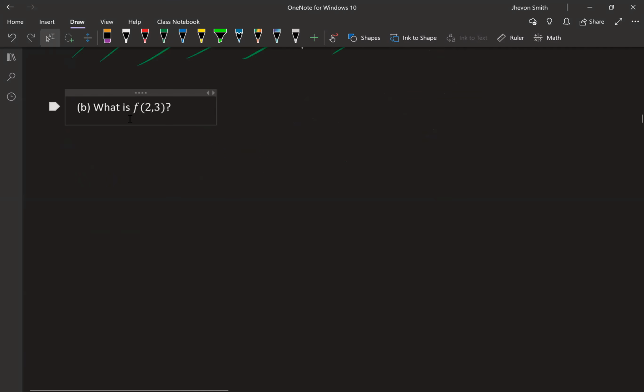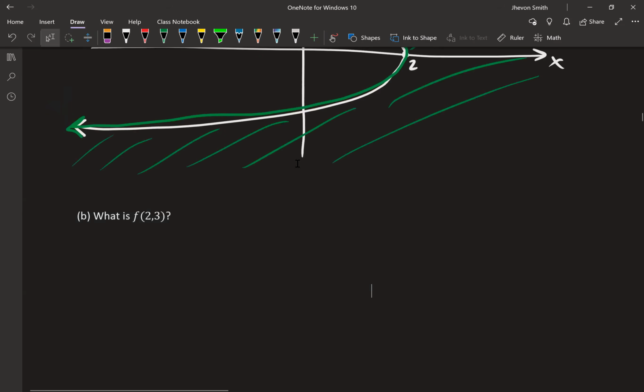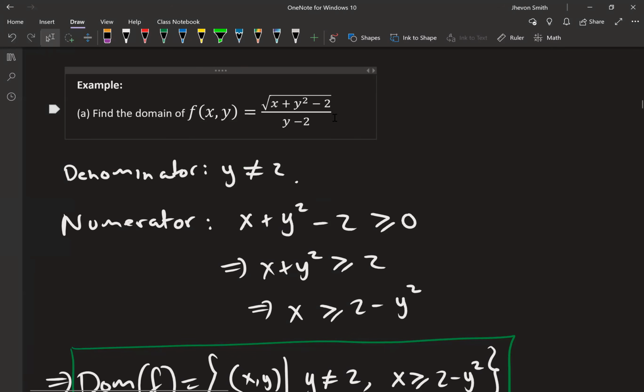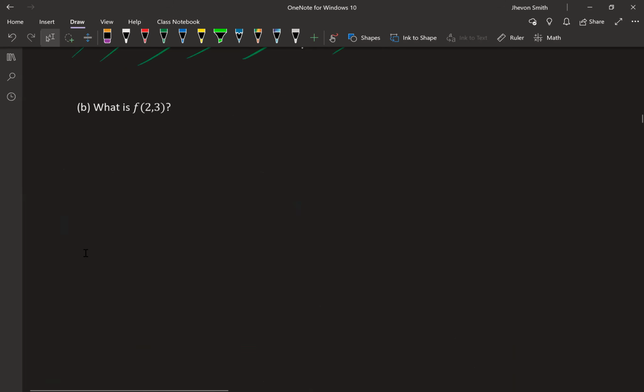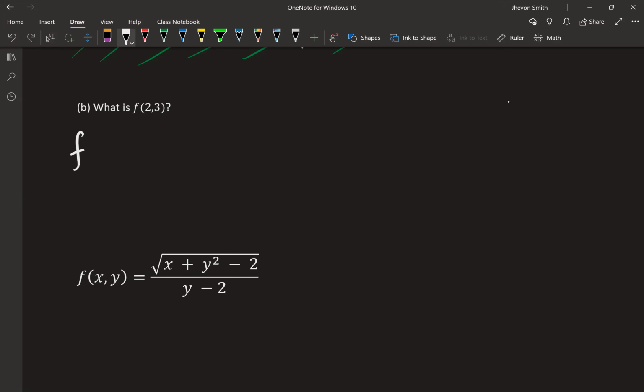All right. What about evaluating a function? What is f of 2 comma 3? Now remember our f is this function right here. So if that's our f and I ask you, what is f of 2 comma 3? What would you tell me? What would we do, first of all?